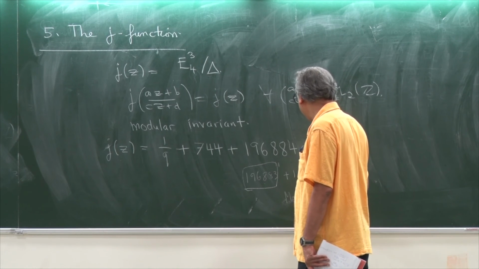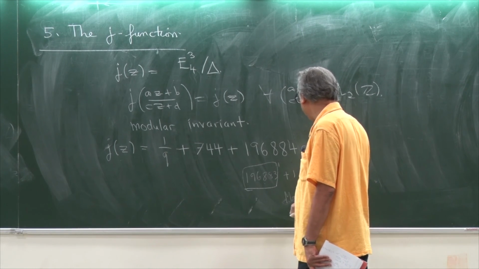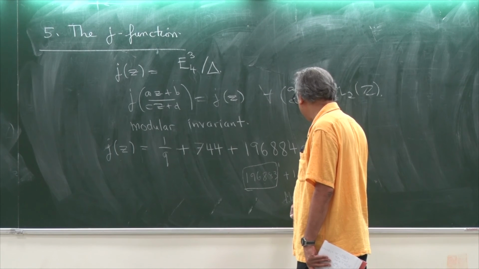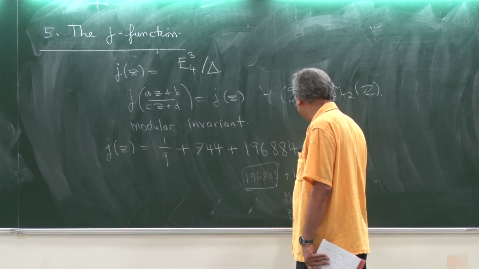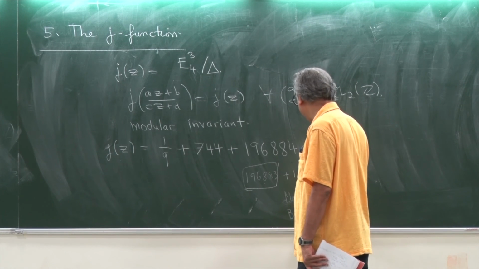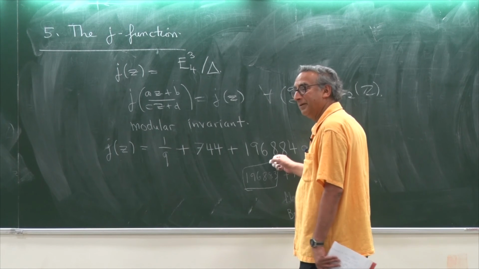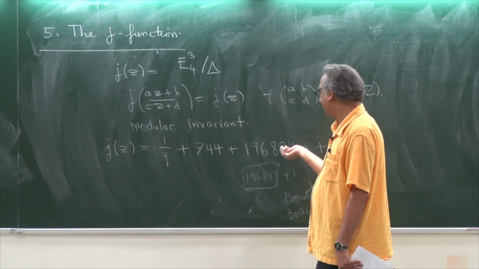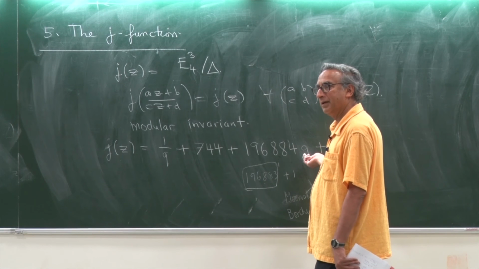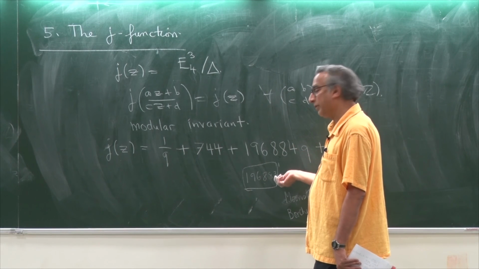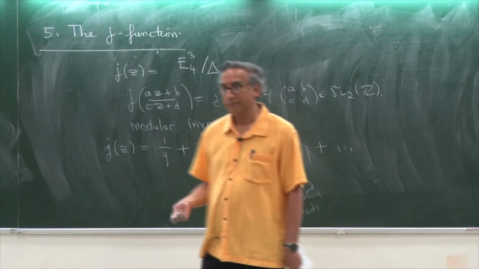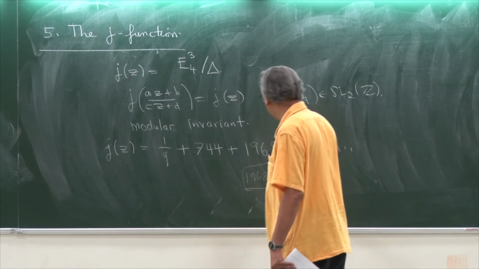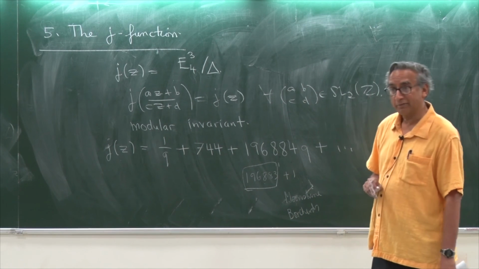I don't know if you've heard this. Many people, like Borcherds, I mean, he got the Fields Medal for explaining that. Why is it that the coefficients of the J function are intimately connected with representations of the monster group, and that they are essentially coming as degrees of representations of the monster group?